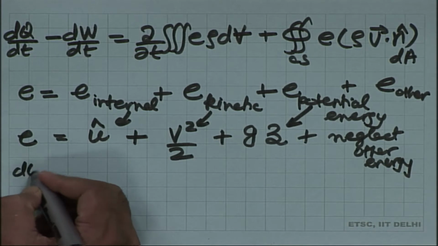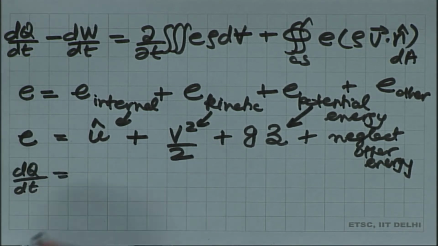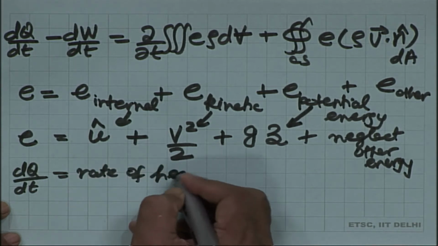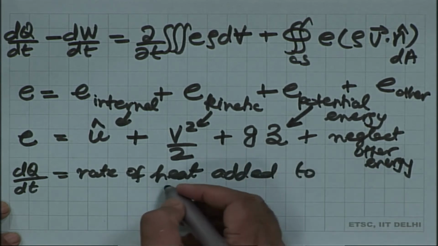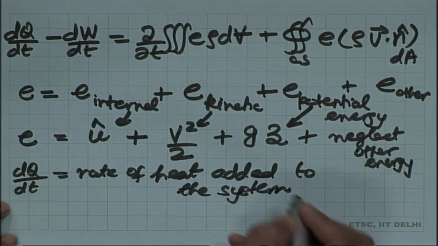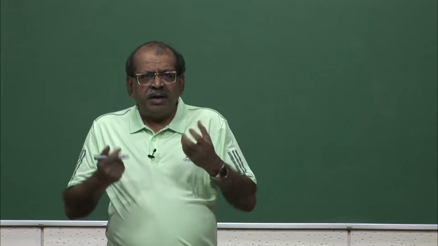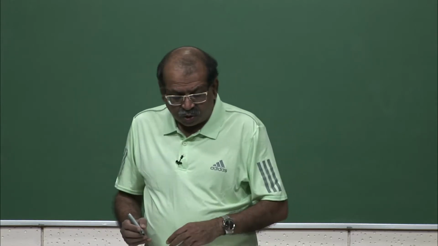Now, dQ by dt, the term on the left hand side, is the rate of heat added to the system. Whatever your system of particles is, if heat is being added, then this term is not 0, and the rate of heat added is dQ by dt.